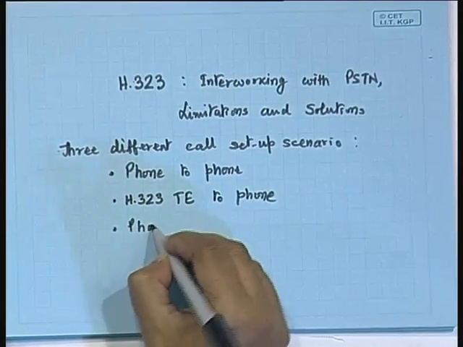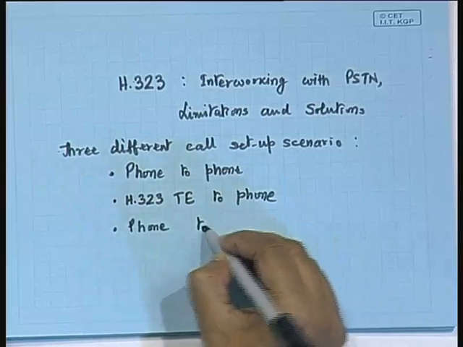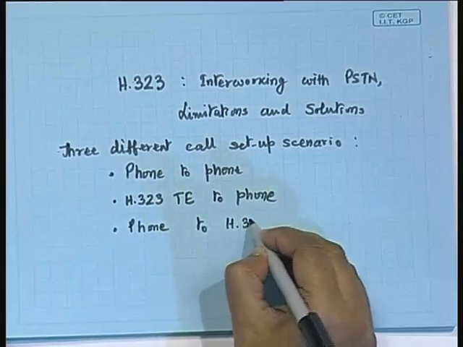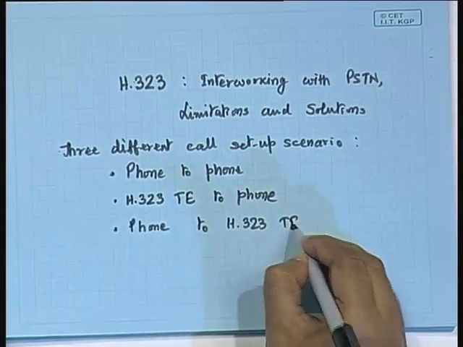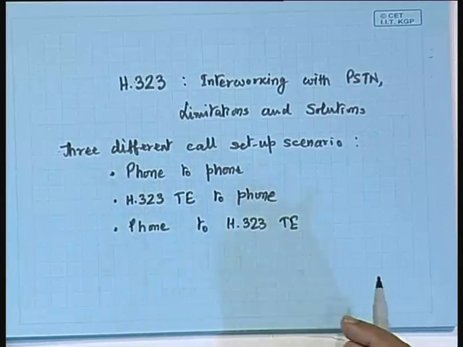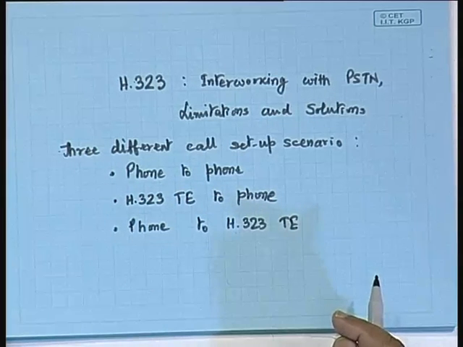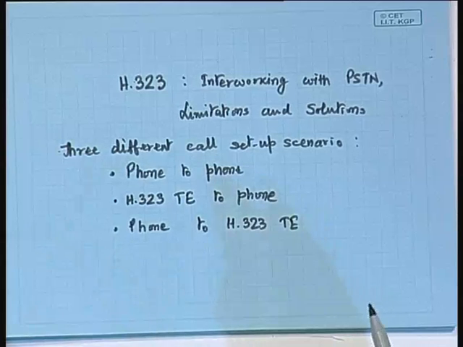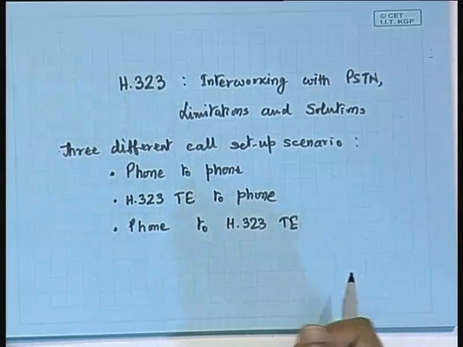Or you should be able to do the reverse of that also, that means to say phone to H.323 TE. And really speaking, there is also a fourth possibility, H.323 TE to another H.323 TE, which is anyway taking place.